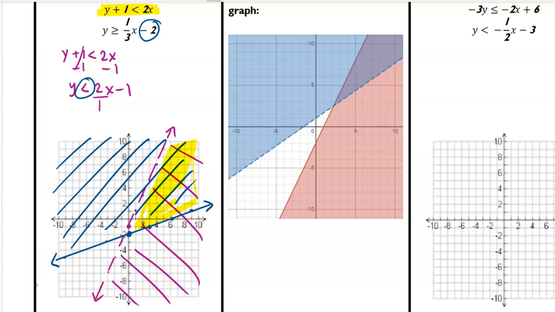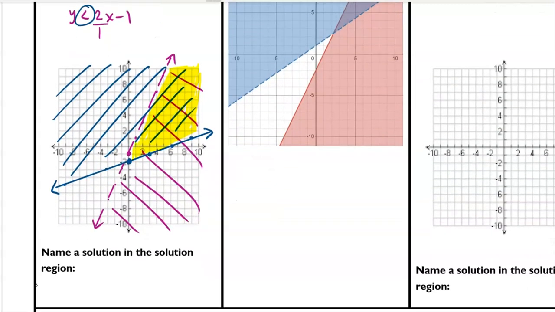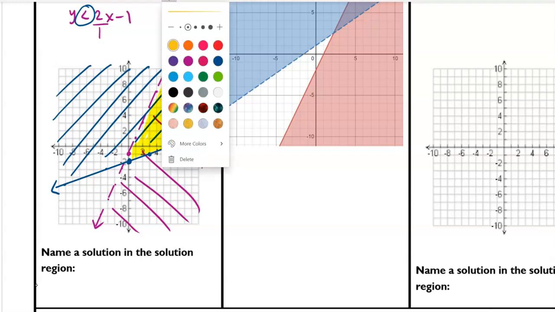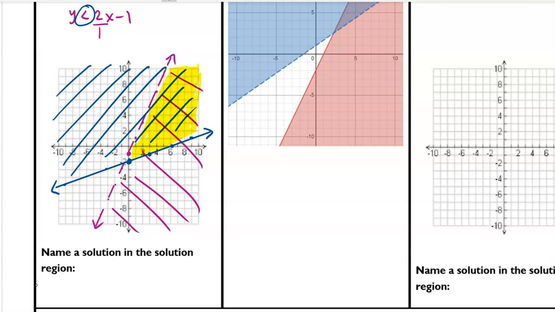So at the bottom, it asks us to name a solution in the shared, or I guess in the solution region. I call it the shared region. We can name a lot of points in that area. I could say, let's try green, I could say like 1, -1. That would be a good point. I could use any points along this portion of the line right here.